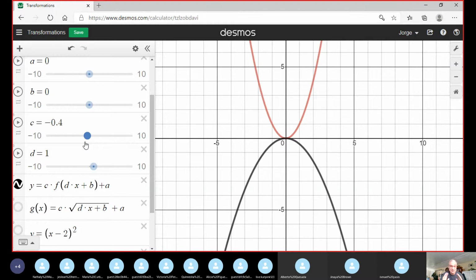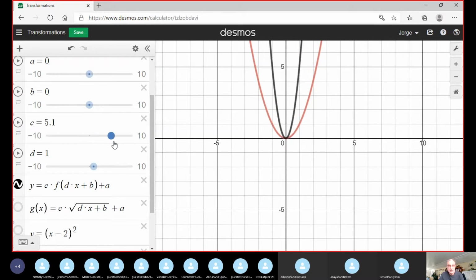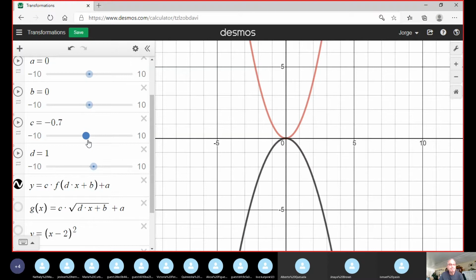When the absolute value is less than 1, it's compress. When the absolute value is greater than 1, it's stretch. And when it's negative, it is reflection. And pure reflection is when it's negative 1. It's exactly the same image.